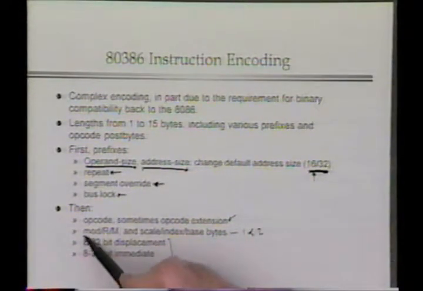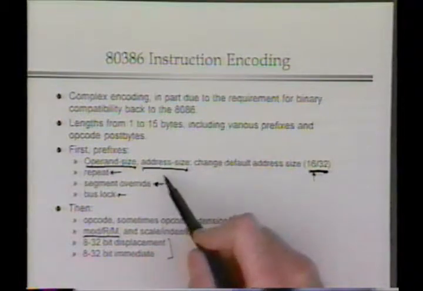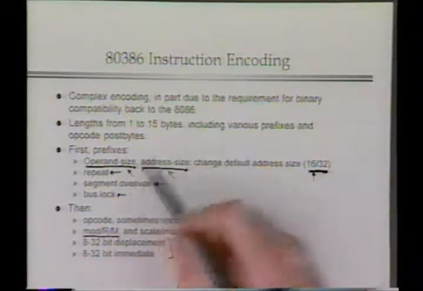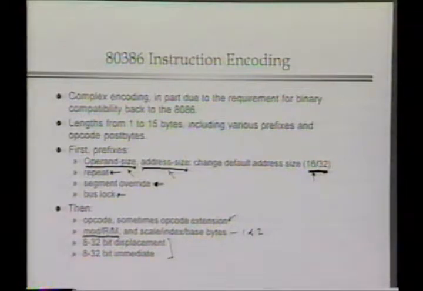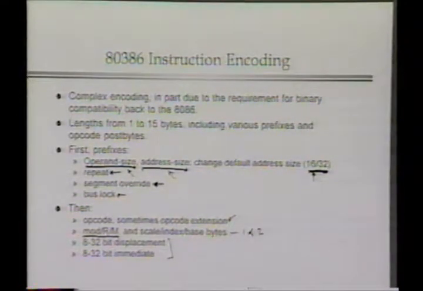This mode RM byte existed back in the 8086 mode, and there was no other way to encode that information. The other thing is the guess that these things would be rarely used, and you wanted them, in fact, to be optional and not to take up fixed space in the standard address encoding.